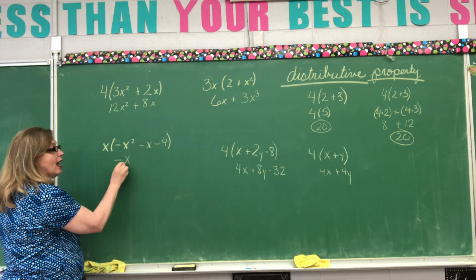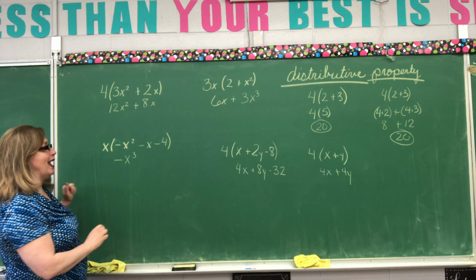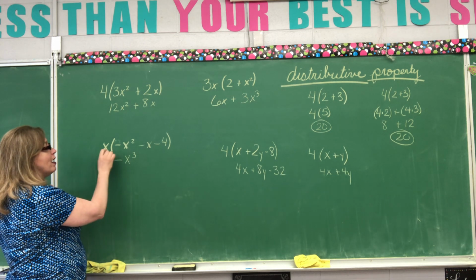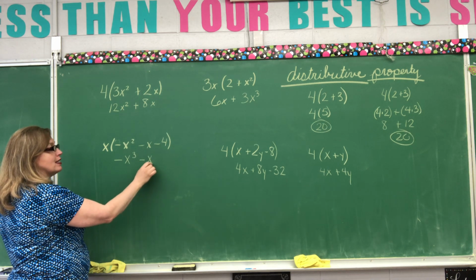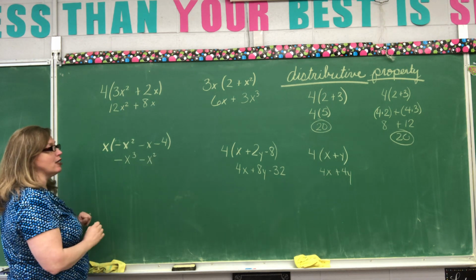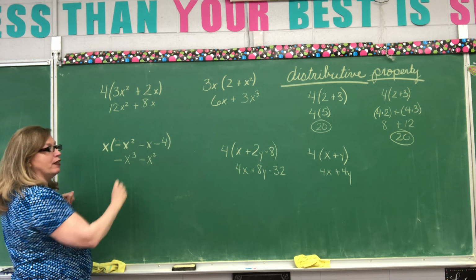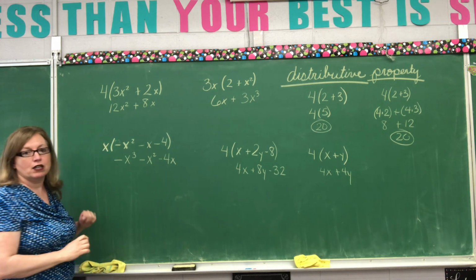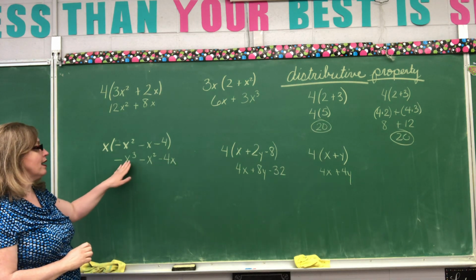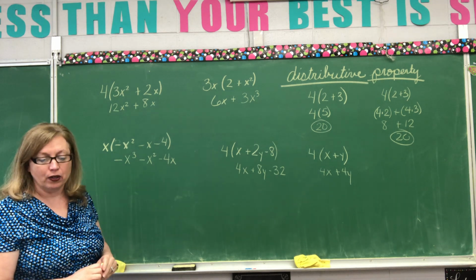Negative x cubed, because we have 1x here and 2 here, and we add the powers. Now we have x times negative x, which is going to give us a negative x squared, or minus x squared. x times negative 4 is going to give us a negative 4x. So our answer is negative x cubed minus x squared minus 4x, okay?